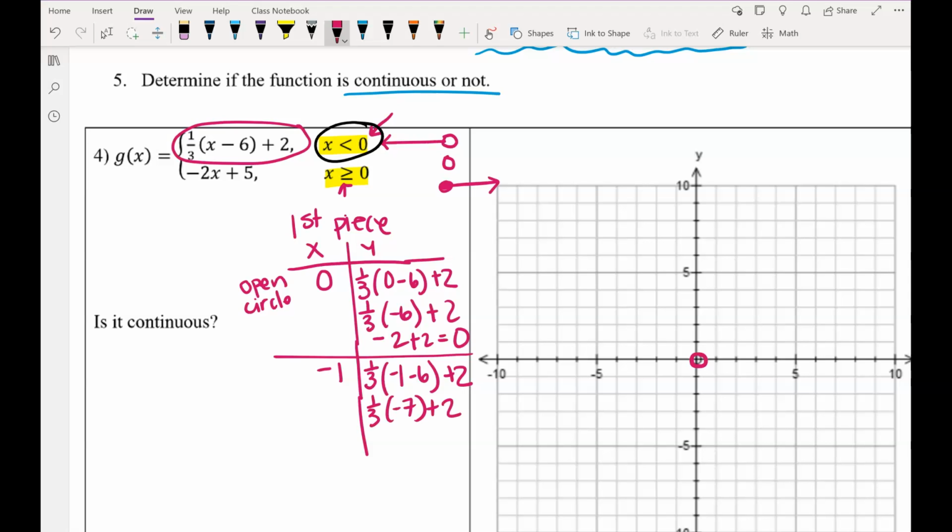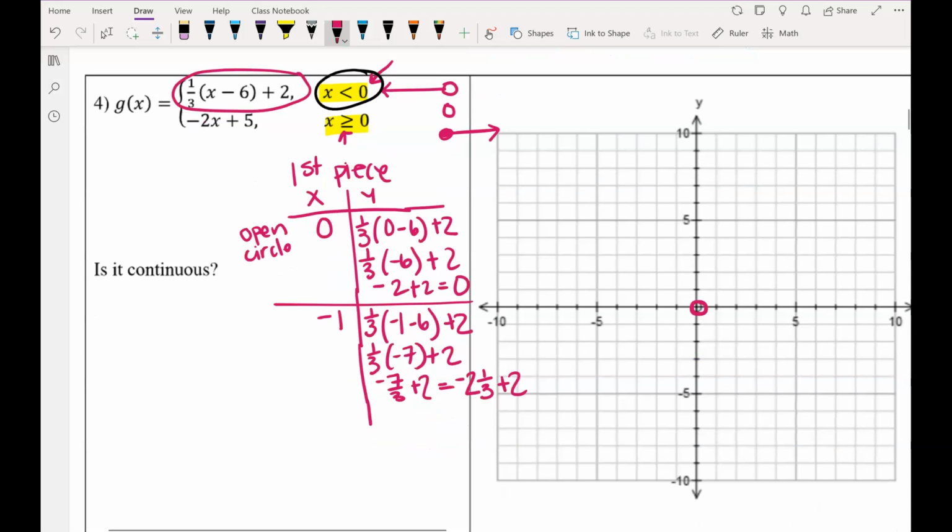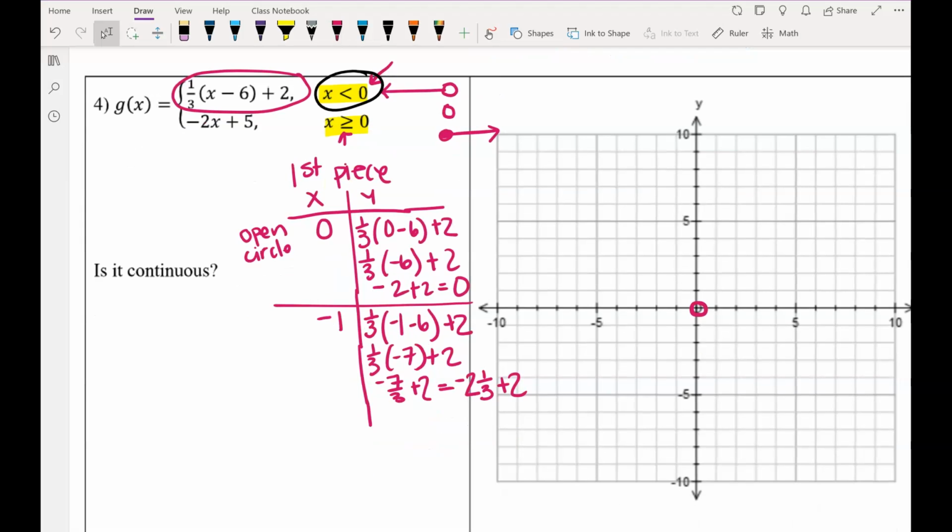Negative 7 times a third, students, is negative 7 over 3. Drop down the plus 2. And negative 7 over 3 is exactly negative 2 and a third. And then I want to add 2. Well, negative 2 and a third plus 2 is now going to be a negative 1/3.